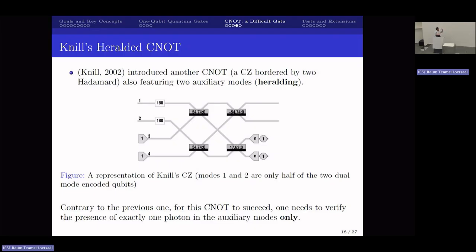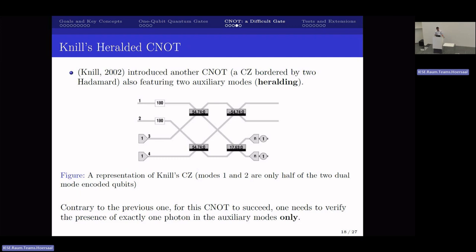This time, you can only see 4 modes, because on the 2 qubits used in the CNOT, you are only taking one of the 2 spatial modes in your dual rail, the mode associated with the Ket 1 qubit state.